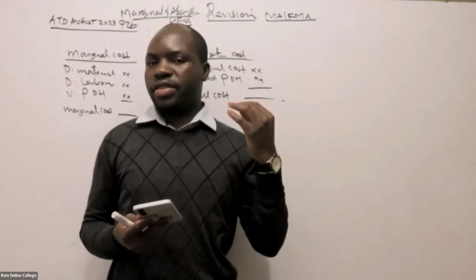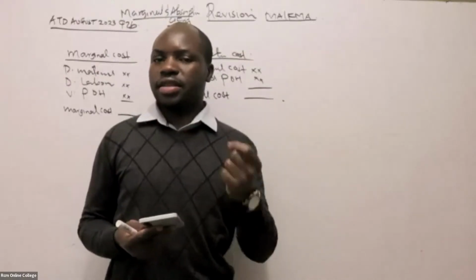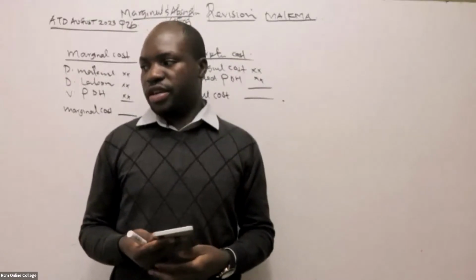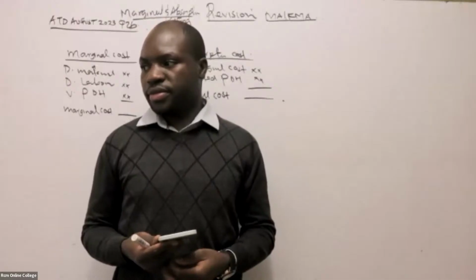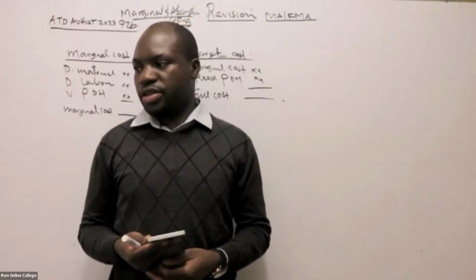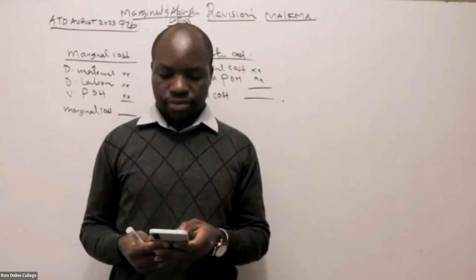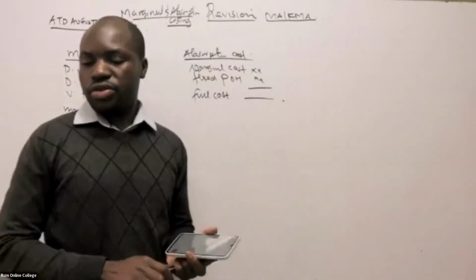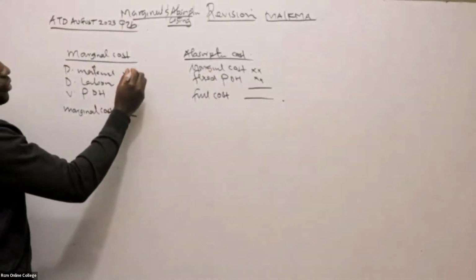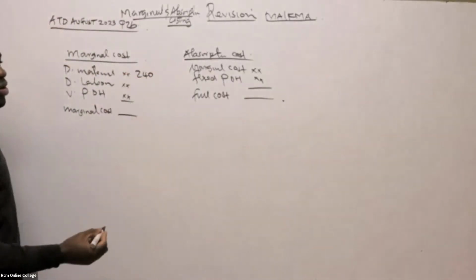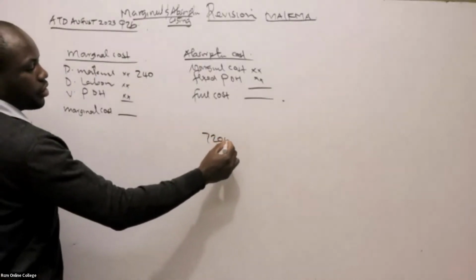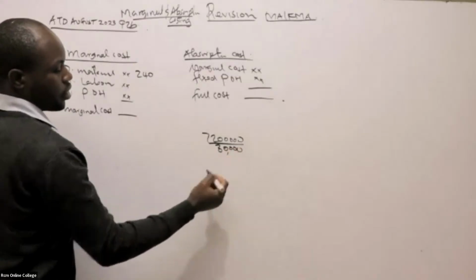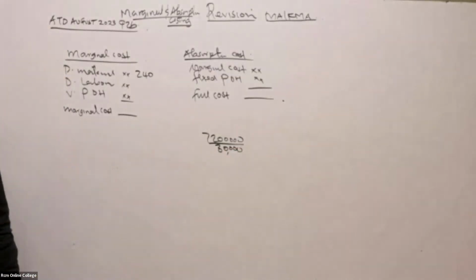So when you divide that by 30,000, what is your material cost per unit? You are getting 240. How are you getting the 240? 7,200,000 divided by 30,000, which represents the units that were produced.